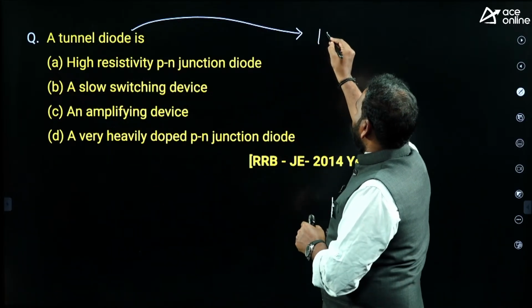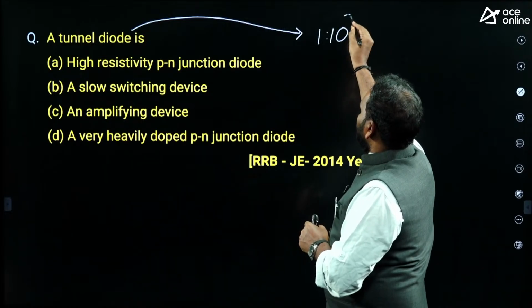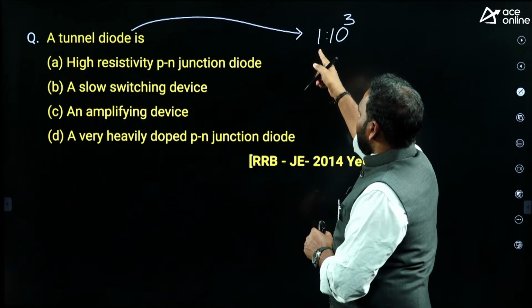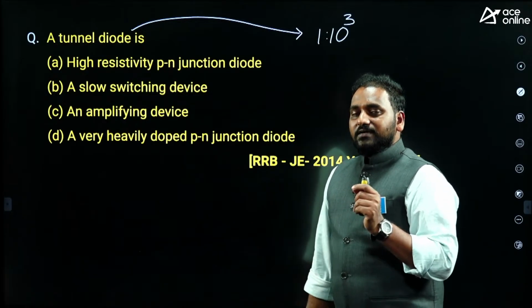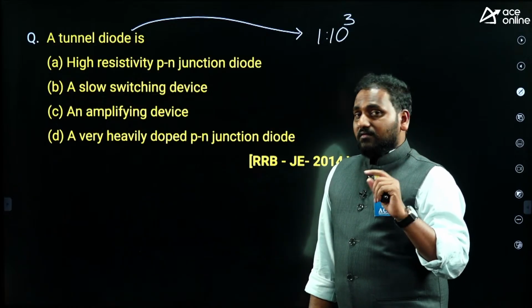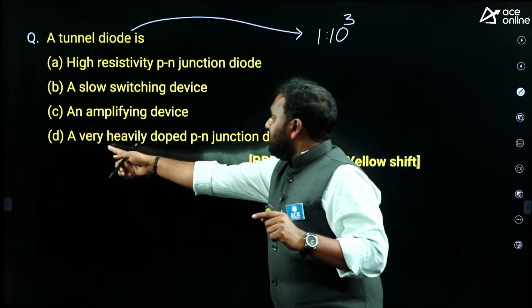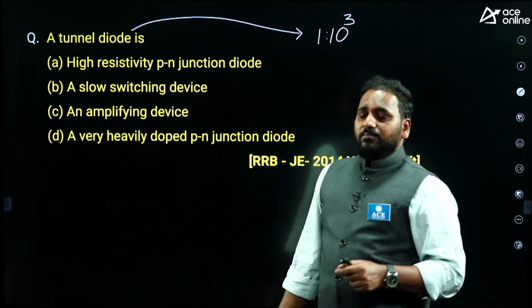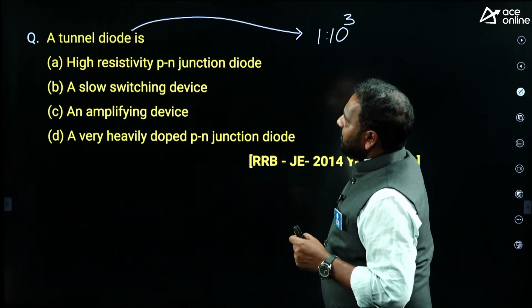The doping profile value is around 1 in 10 to the power of 3: for every 10 to the power of 3 silicon atoms, there is one dopant atom. Extremely heavily doping and very heavily doping are the same.